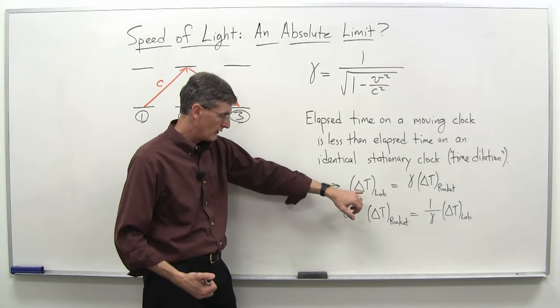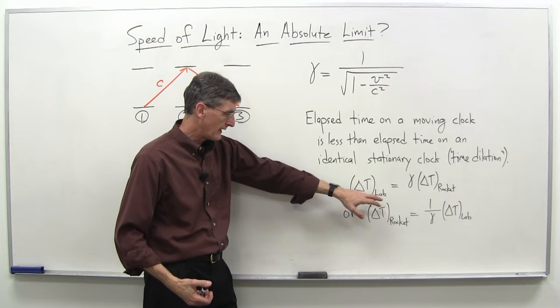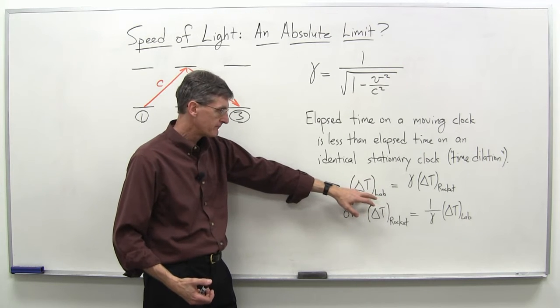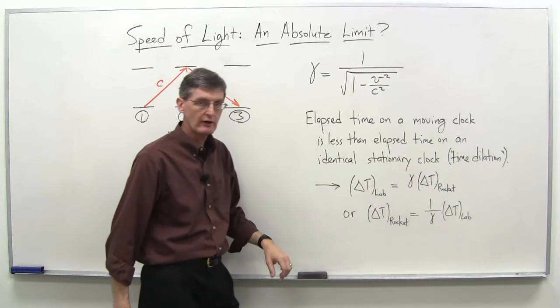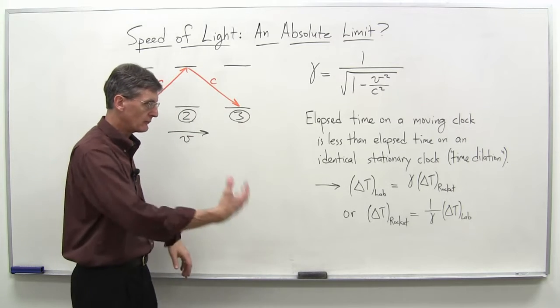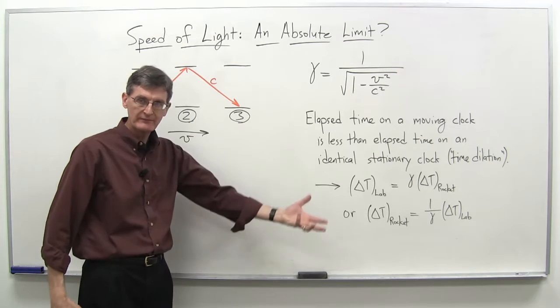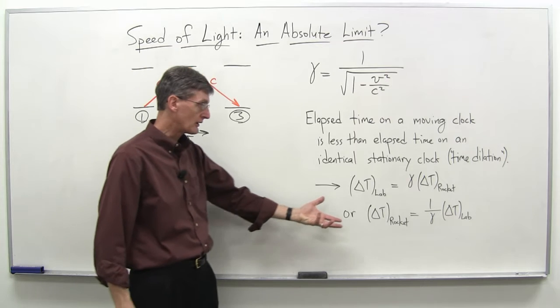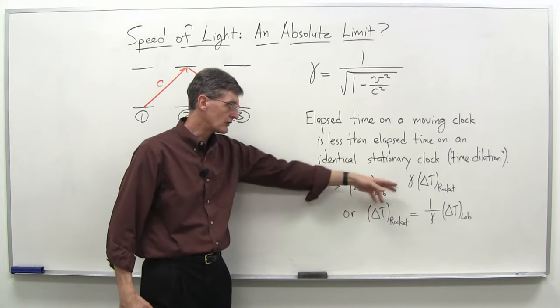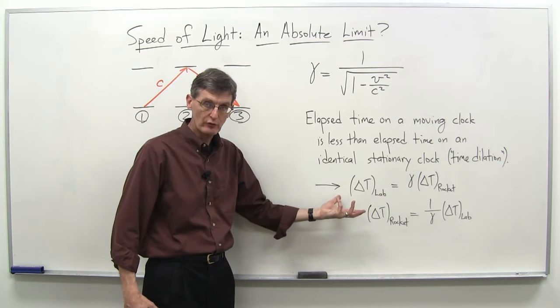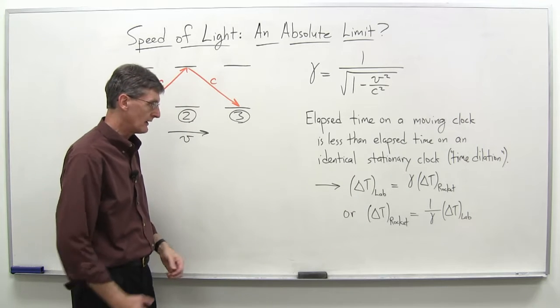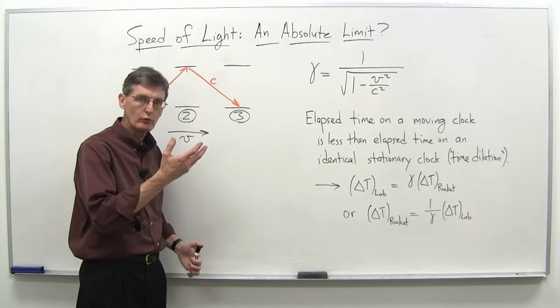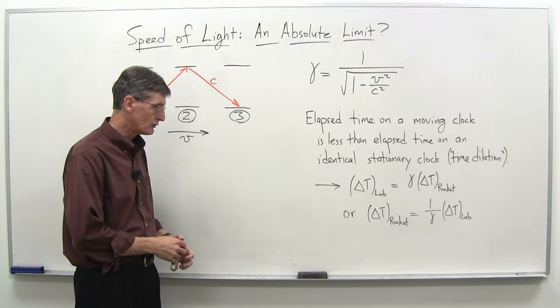Delta t, the elapsed time that we'd measure in the lab, is gamma times the elapsed time on the rocket clock. Maybe we get 10 ticks on the rocket clock, and the number of ticks on our clock, if gamma was 2, might be 20. The moving clock would run more slowly.